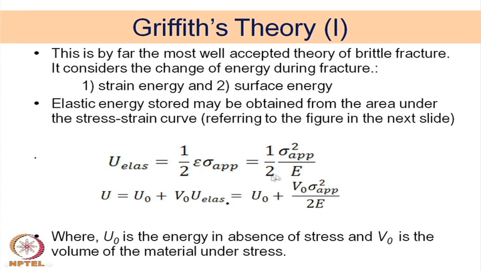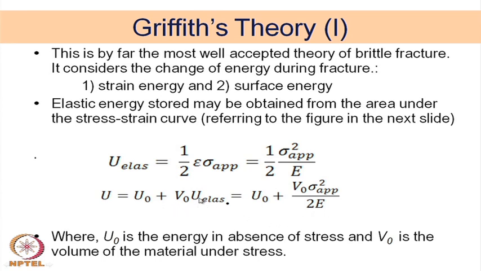So, that is your elastic energy term, and because this is the incremental energy, if U0 is the energy in absence of this stress, there is already energy available even if you do not apply a stress, then the total elastic energy becomes this. Which is quite an obvious thing.